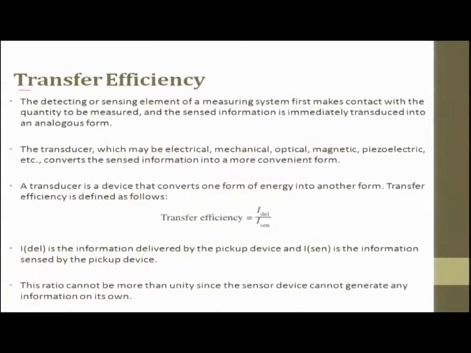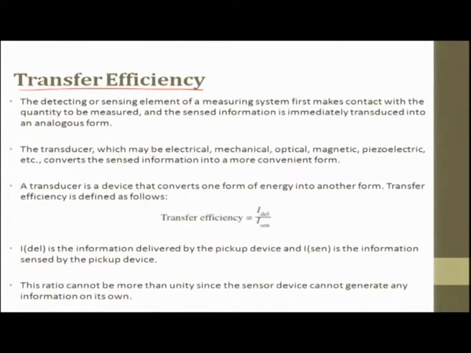So, transfer efficiency like magnification is very important in terms of transducers. The detecting or the sensing element of the measuring system first makes contact with the quantity to be measured, and the sensed information is immediately transduced into an analogous form. You are sensing and then converting the sensed information into data at the primary.